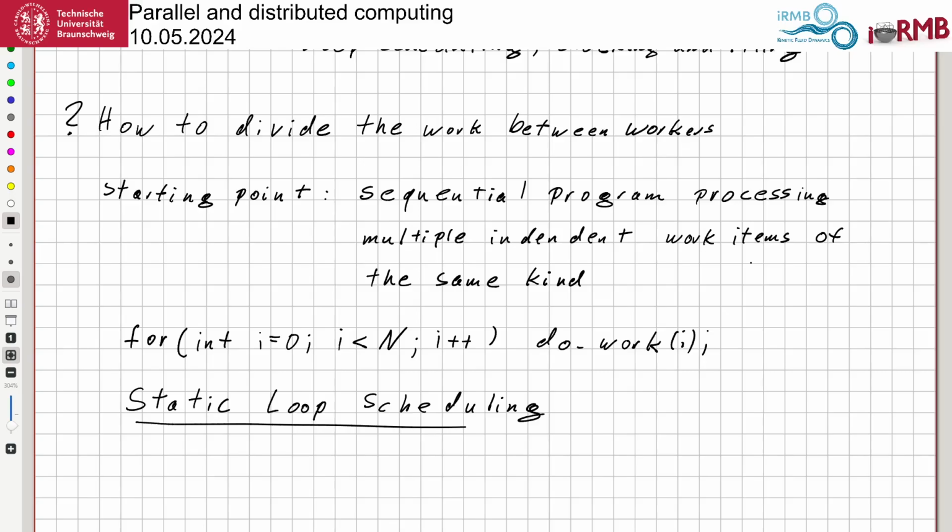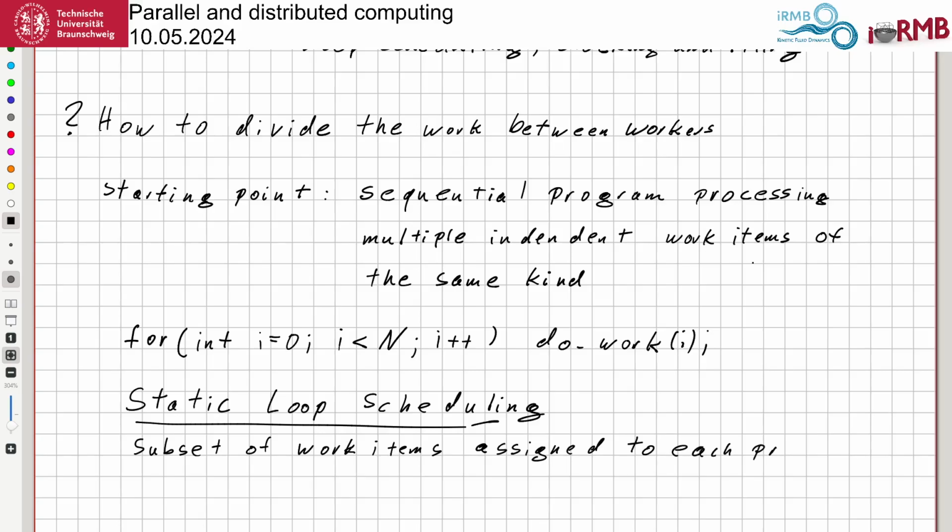It's a fancy word, because there's also non-static, dynamic scheduling. So what would this mean? Each worker gets a subset of the work items. That's pretty simple. Subsets of work items are assigned to each process.